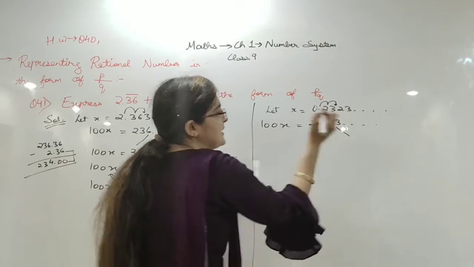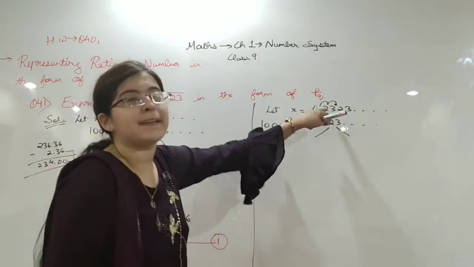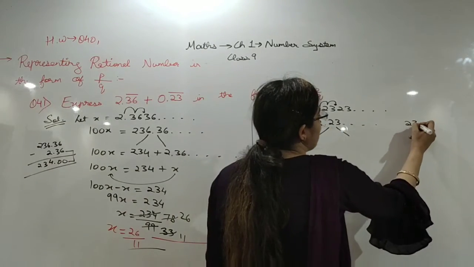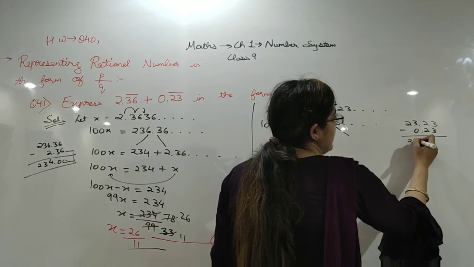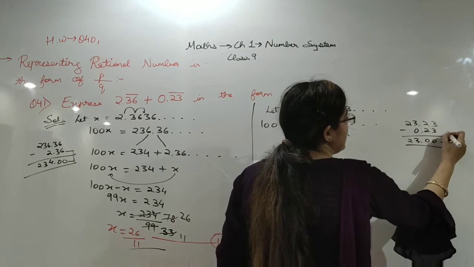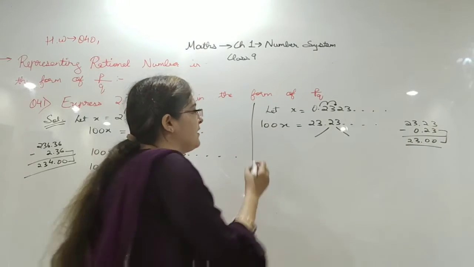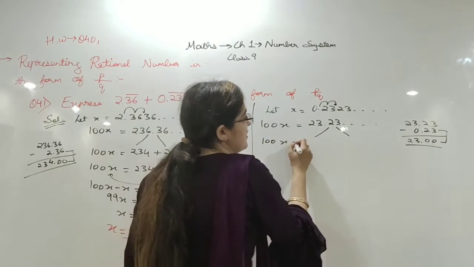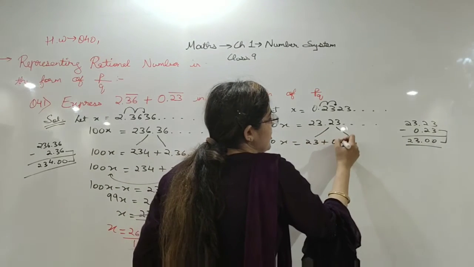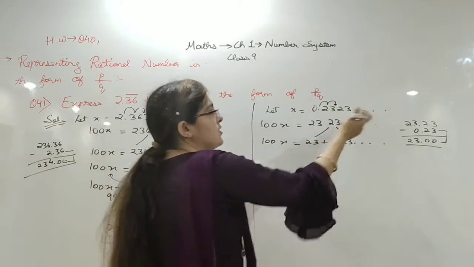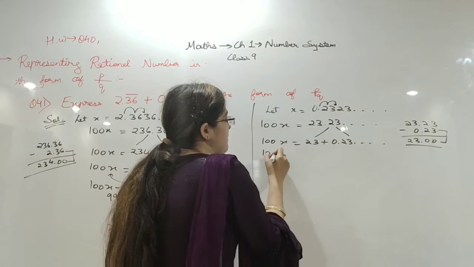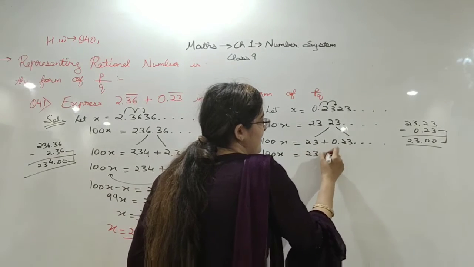Now we have to split it into 2 parts. So this minus this, what will come? Here we got 23 plus 0.23. So we will write 23 plus 0.23 and so on. But 0.2323 was x. So we will put the value x here.